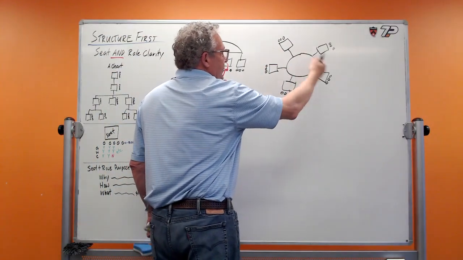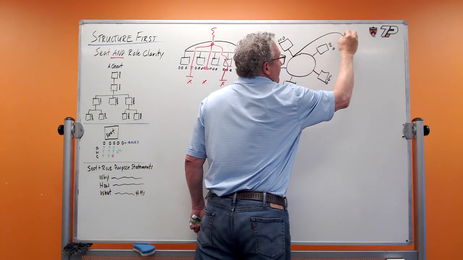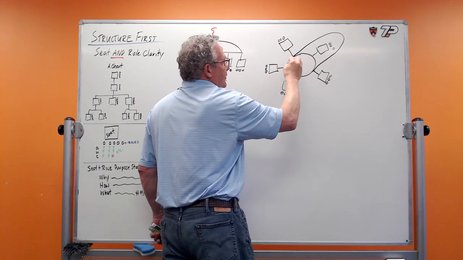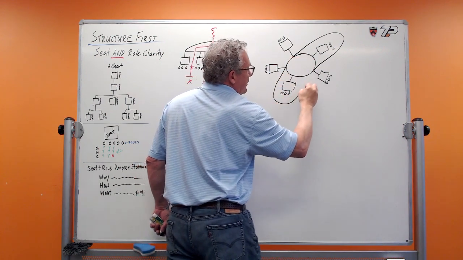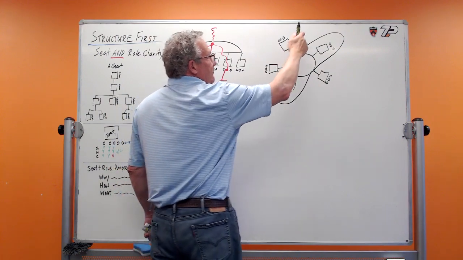So here are the seats around the table, and here is the domain and authority of that seat and all of its roles. It knows what domain and authority is here. Here's the domain and authority of this seat and its roles. In this model, we're able to see where we have an overlap.